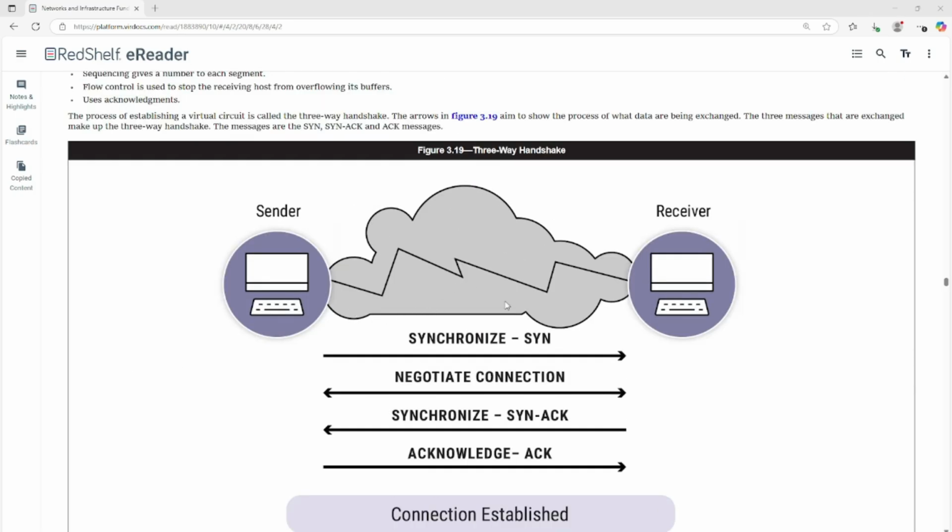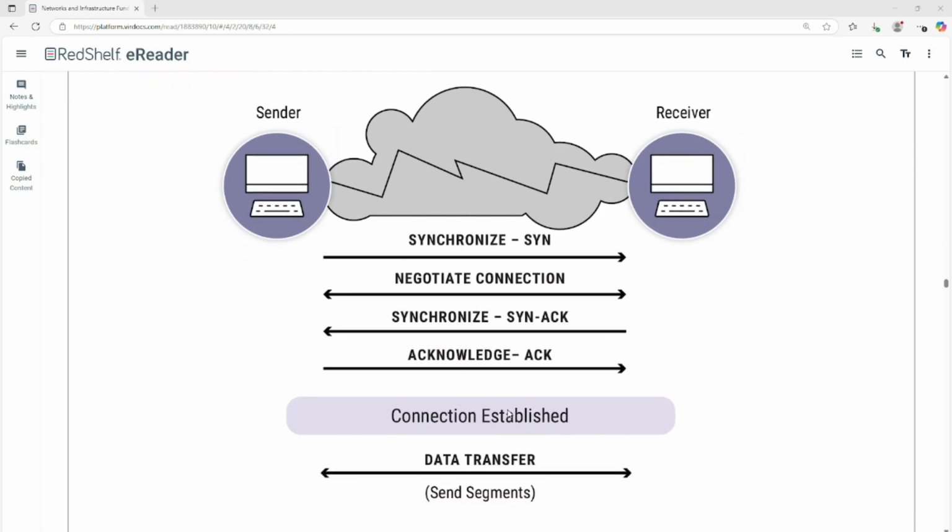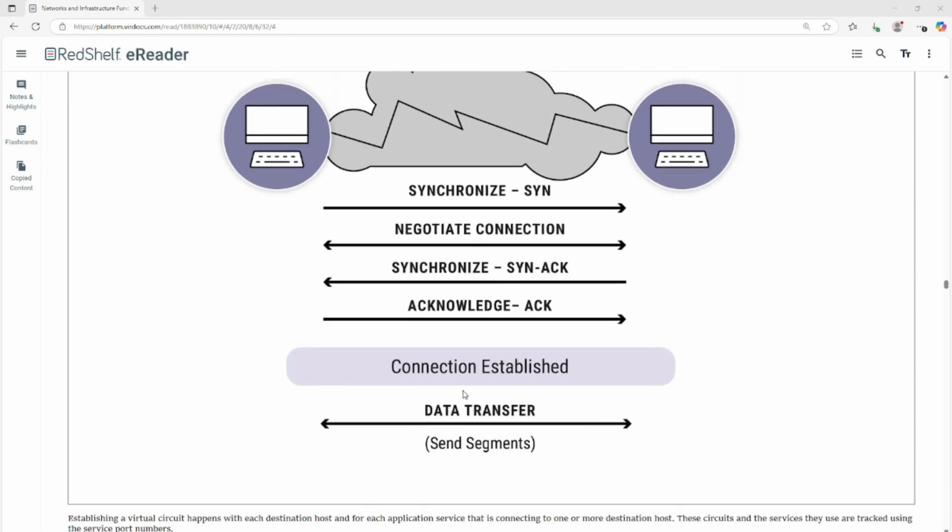The three-way handshake is one of those things where network engineers or students of network and infrastructure are required to have an understanding of how TCP does it. You signal, you negotiate, you synchronize, you sync and acknowledge, and then you acknowledge, and then a connection is established, and then you transfer the data.